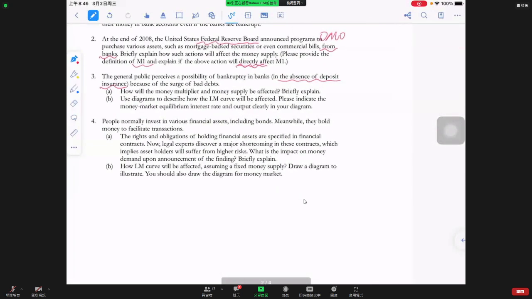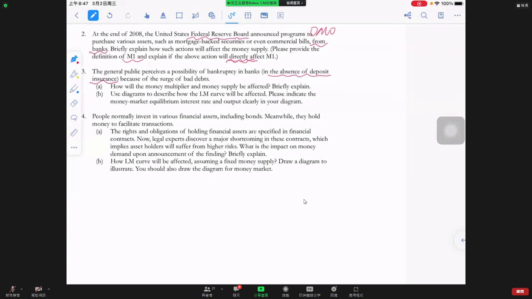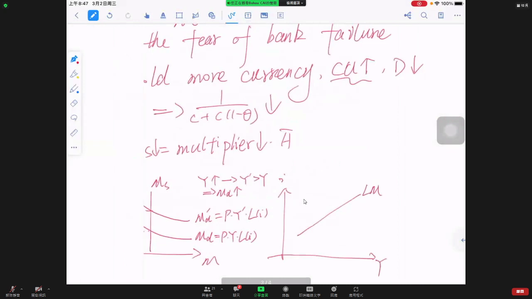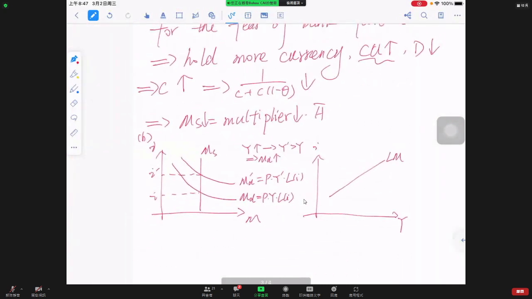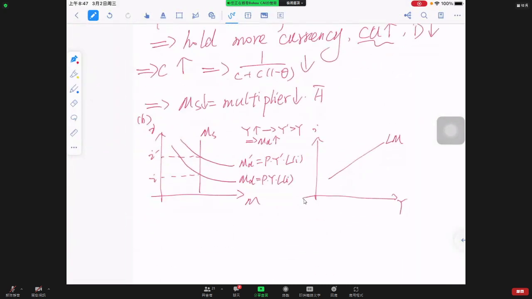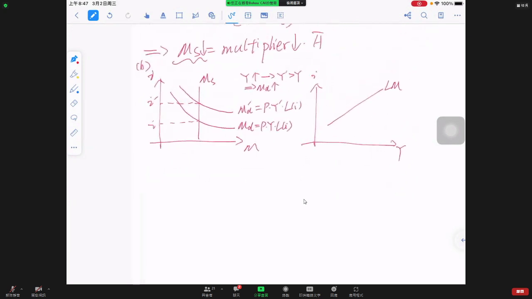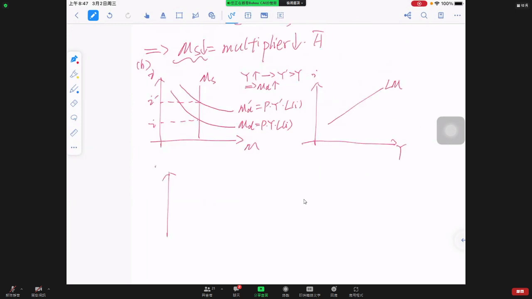So describe how the LM curve will be affected. Okay. So how will the LM curve be affected? In this question, money supply decreased. Let's draw this diagram again. Here is I, M. This time, money supply decreased, right?